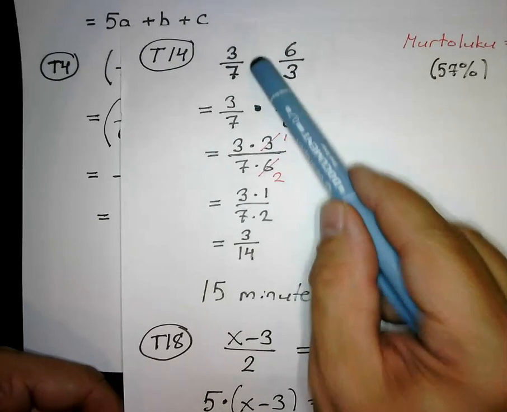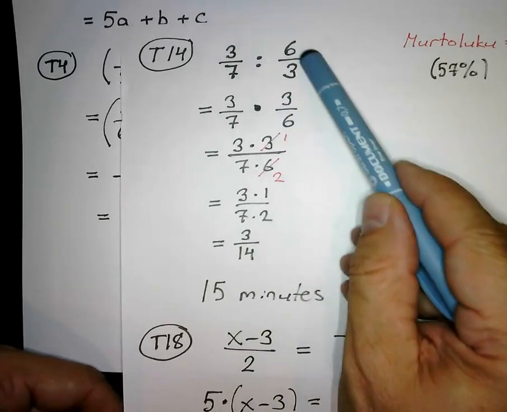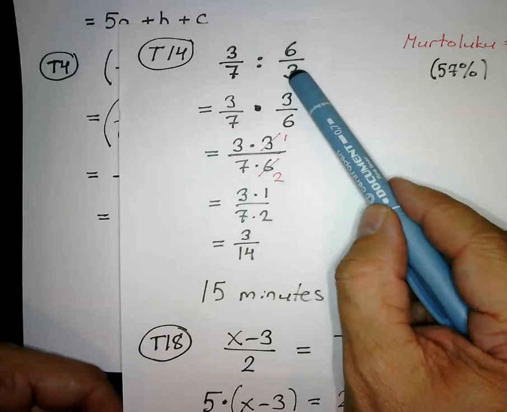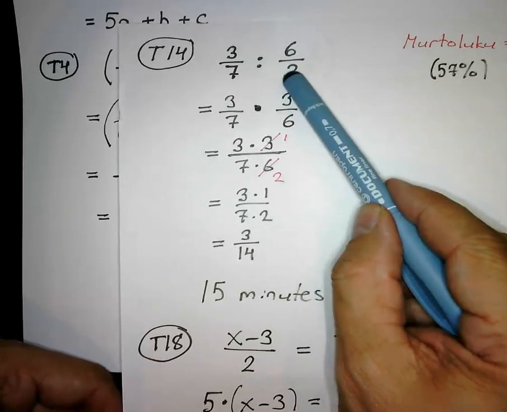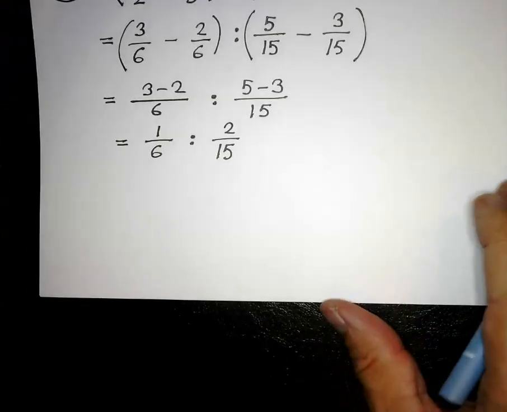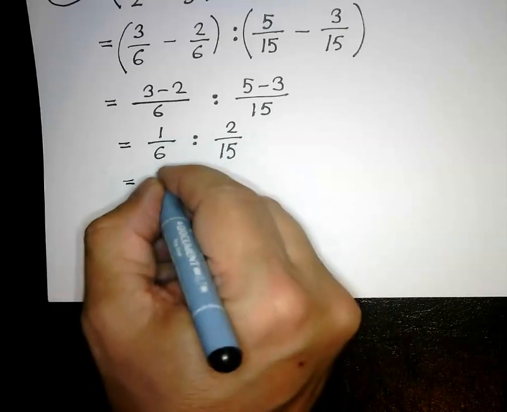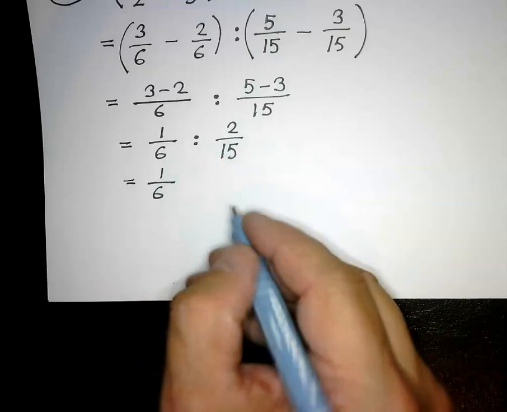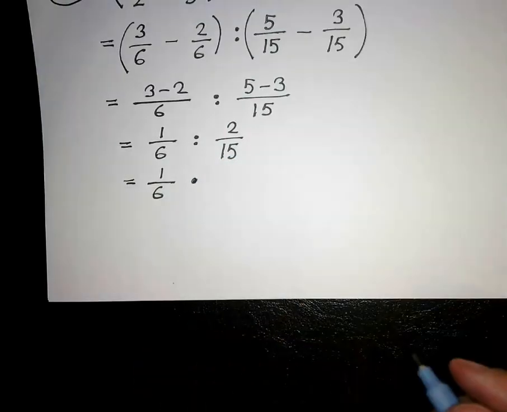We changed the mark here, division to multiplication, and then we changed the order in this fraction. The bottom part went to the top part and the top part went to the bottom part. And it is called inversion of that number. So here we have 1 divided by 6, and now not divided by but multiplied with.